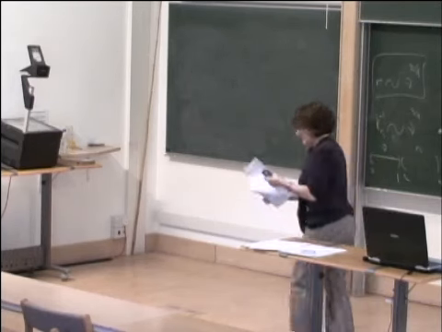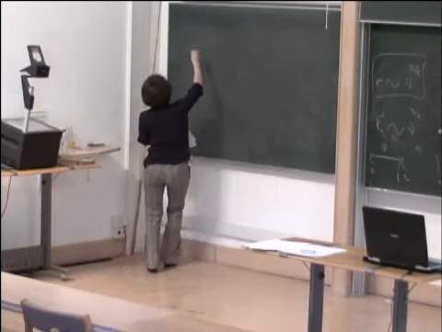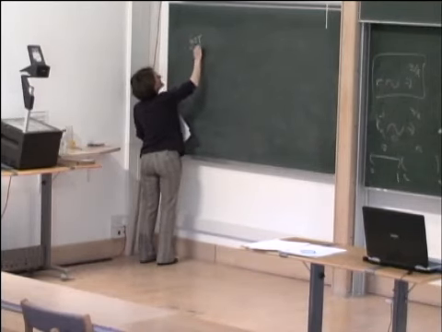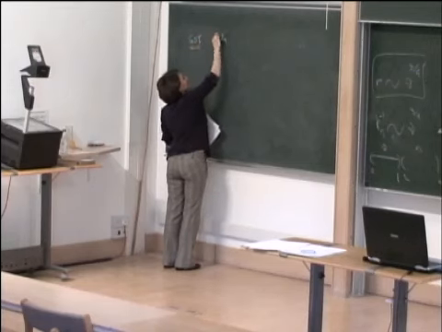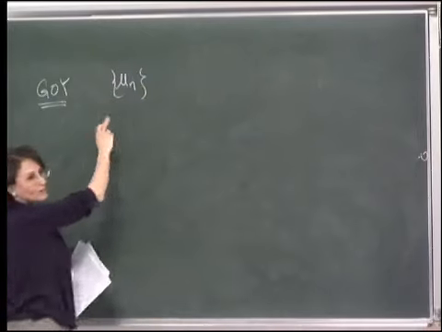Let me write it. So remember, I have the GOY model, which was the sequence of ODE solutions for this u_n.